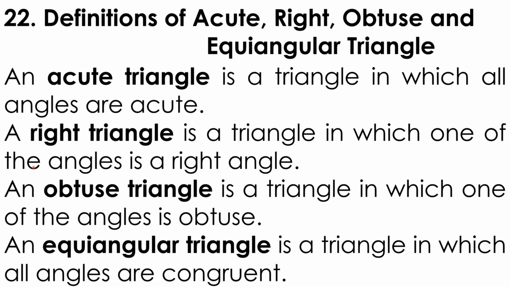An obtuse triangle states that one of the angles is obtuse, so one of its angles has a measurement greater than 90 degrees but less than 180 degrees. But an equiangular triangle is a triangle in which all angles are congruent. The three angles in an equiangular triangle are congruent with a total of 180 degrees.